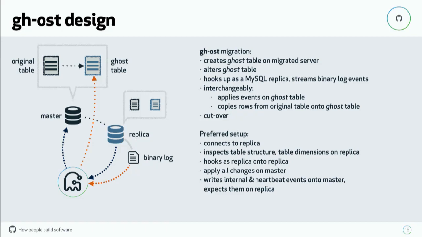So it's a select star from this table. It might not be a select star. It's like select every single column, because Ghost has to know what the columns are because you're changing some columns. But it's basically select from one table into the other. The selects happen in chunks. The chunk size is configurable.